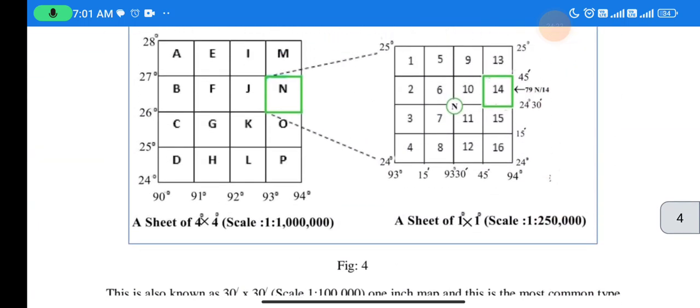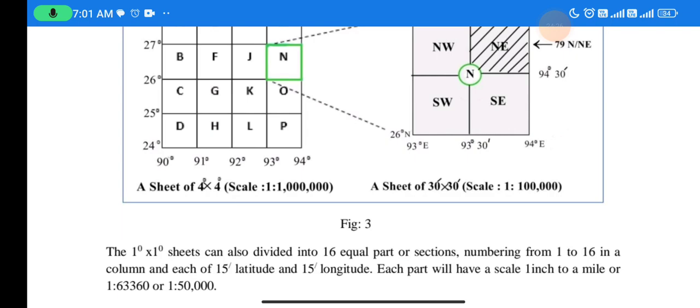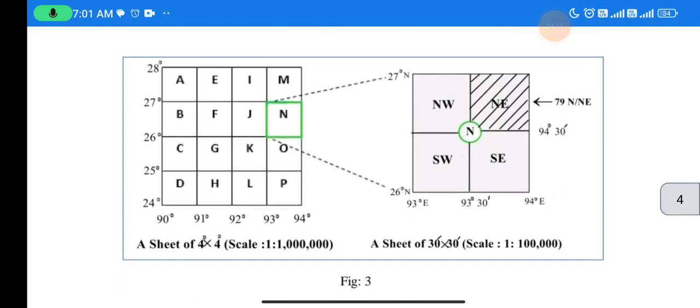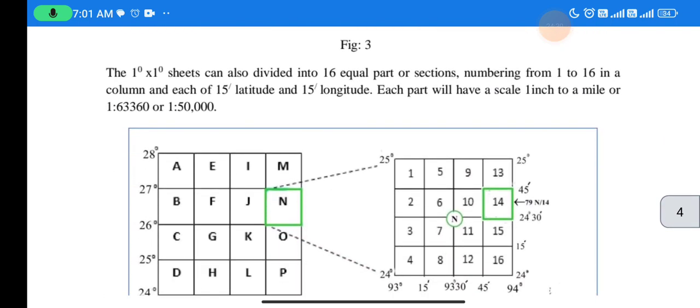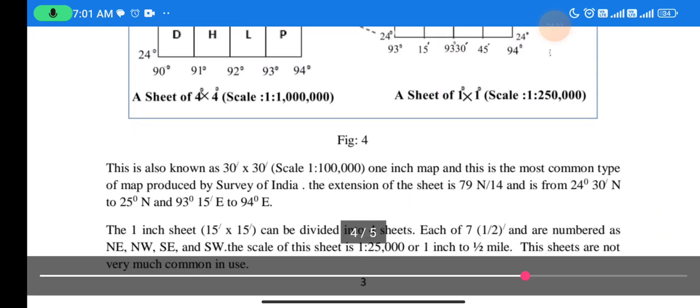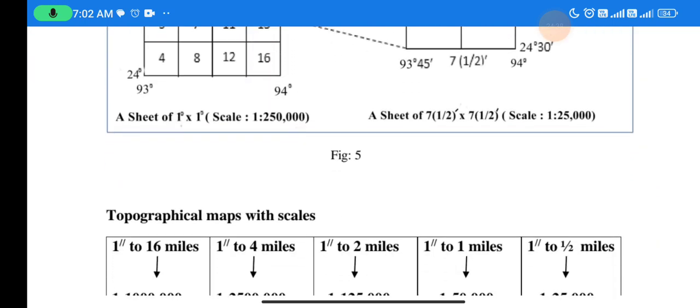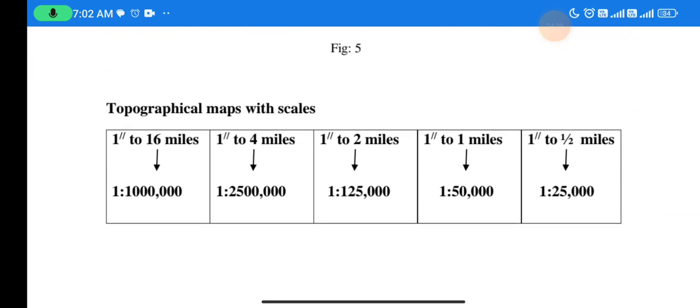Here 1 is to 1 lakh. How did it come? I don't know. Maybe it is a mistake, or I am misunderstanding. Okay, I will read it later, but just for this sake I hope you have understood something about it.